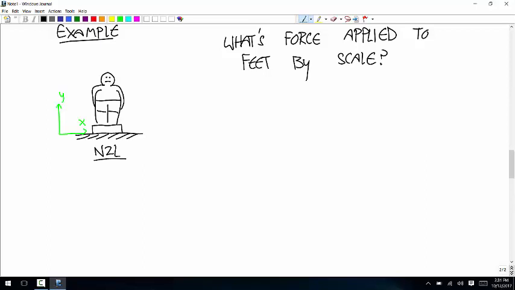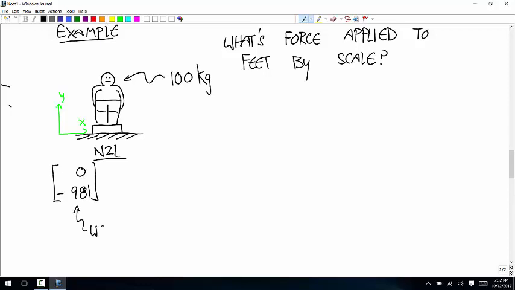So I'm going to write this as, we know the weight force is, we need a mass for this person. Let's say 100 kilograms, 220 pounds or so. So what would be the weight? It's 0 for x. For y, it would be negative mass times 9.81, so 981 newtons.